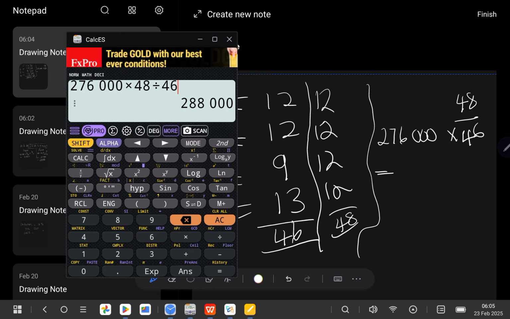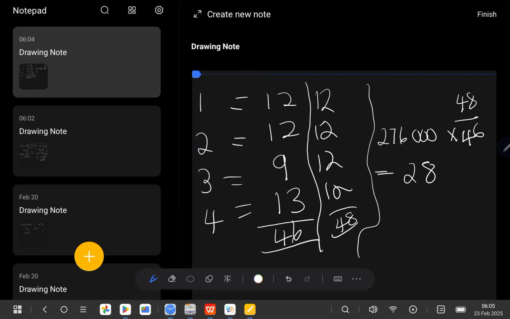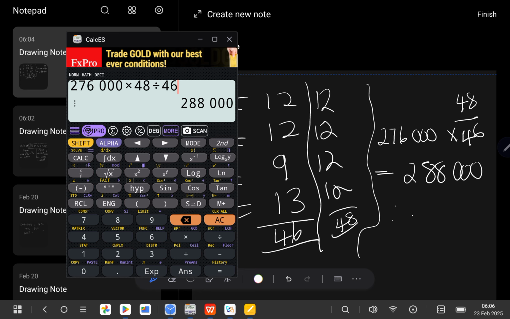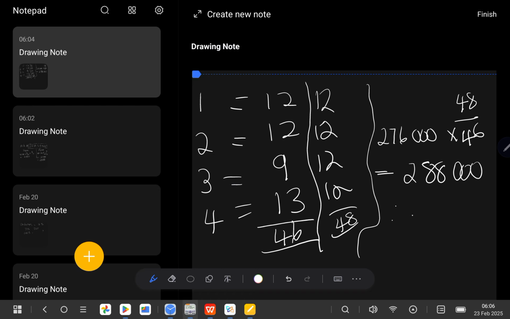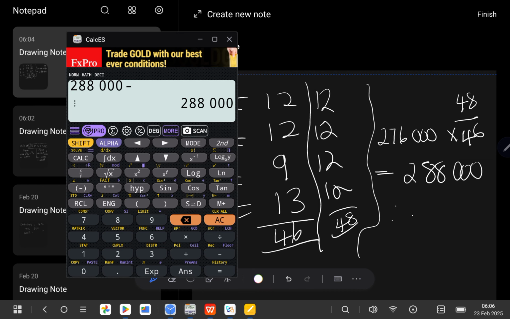It tells us that the total that we were supposed to pay is 288,000. Now let's check the difference between the two. You need to show this calculation somewhere. If you say 288,000, then you subtract, or what we can do, let me see if I have space. I want to show it on the answer book.